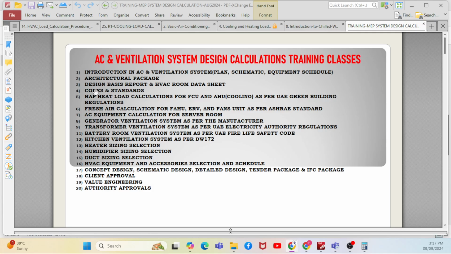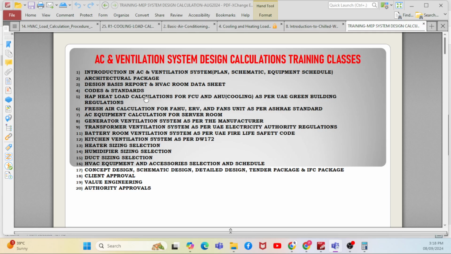If you talk about local codes, we have the Dubai Municipality Code, which is called SAFAT regulations, or you can say green building regulations. Then we have civil defense regulations. Then we have NFPA 92, we have ASHRAE. We have many international standards. So whenever you design the project, you will comply with the local regulations. Okay, so that is one of the requirements.